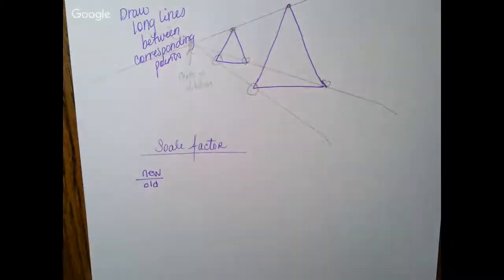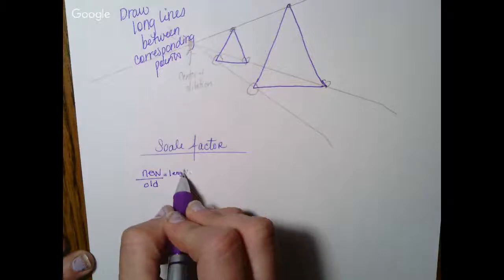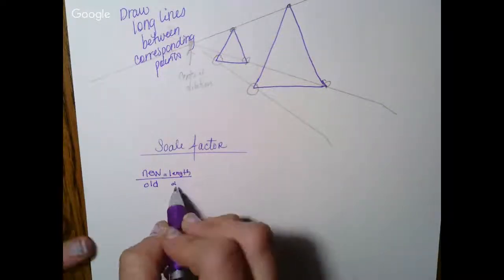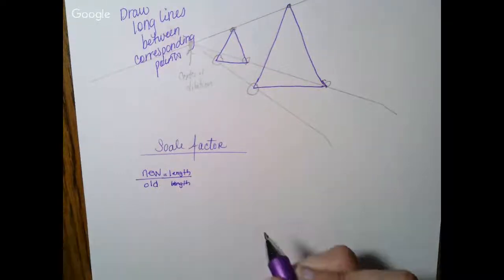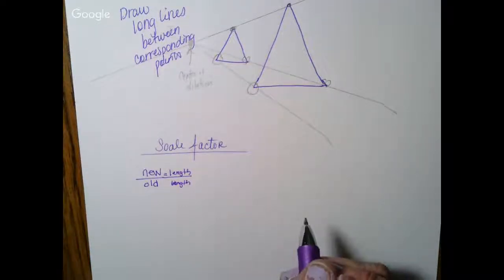In 7th period, one of my students, Rebecca, suggested it's just like when you paint your bedroom and you put the new paint over the old paint. So this is our new length divided by the old length. So the new goes over the old.